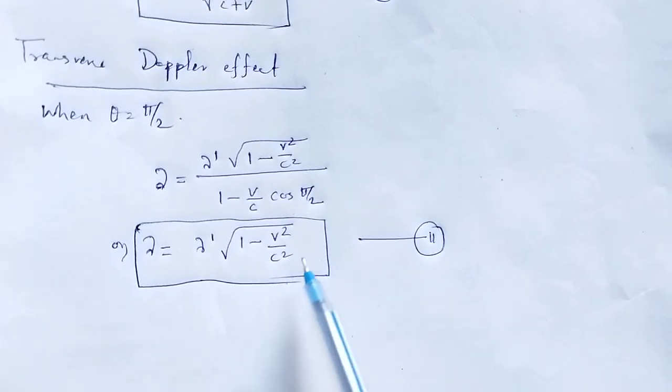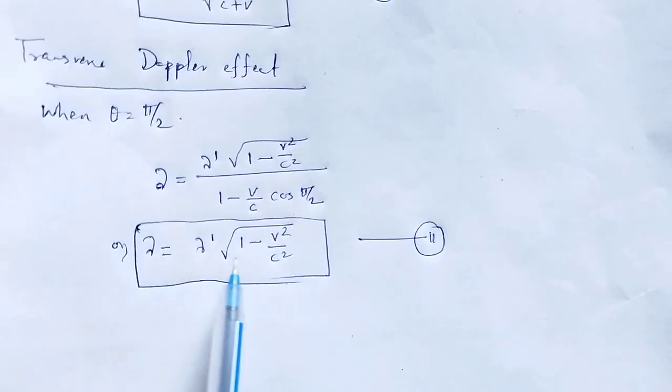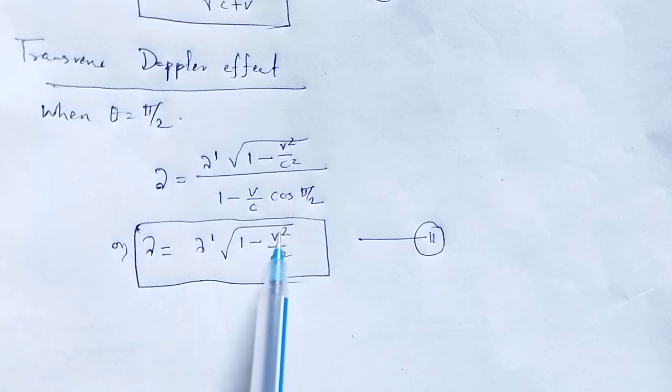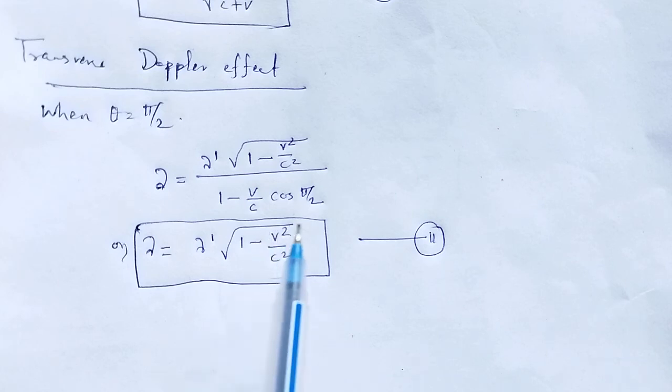Here this phenomenon is called transverse Doppler effect and is purely relativistic since it contains the relativity constant term and has no classical analog, that is, the transverse Doppler effect is not observed in sound wave.